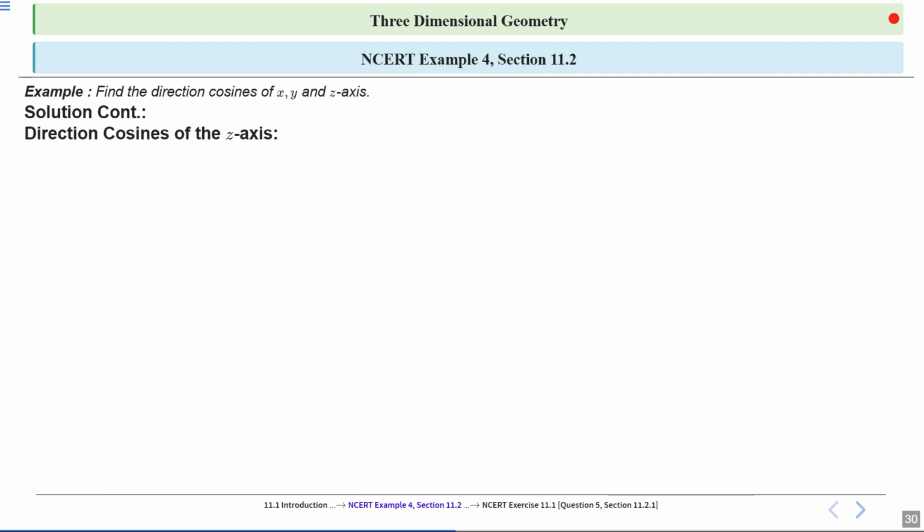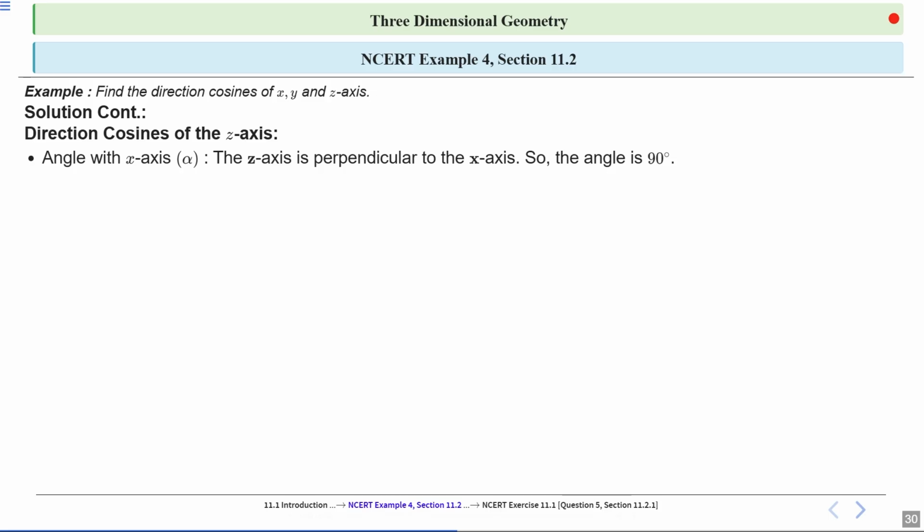Now, let's start by finding the direction cosines of the z-axis. First, let's consider the angle between the z-axis and the x-axis. We call this angle alpha. The z-axis is perpendicular to the x-axis, so the angle between them is 90 degrees. So now let's calculate the cosine of this angle.